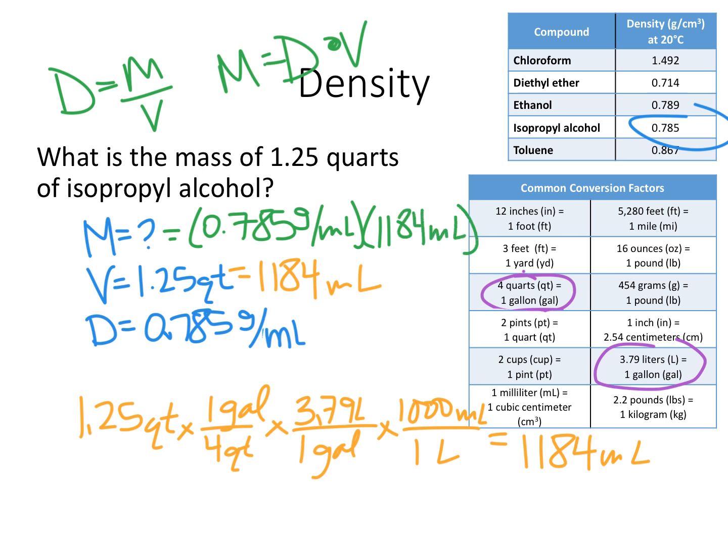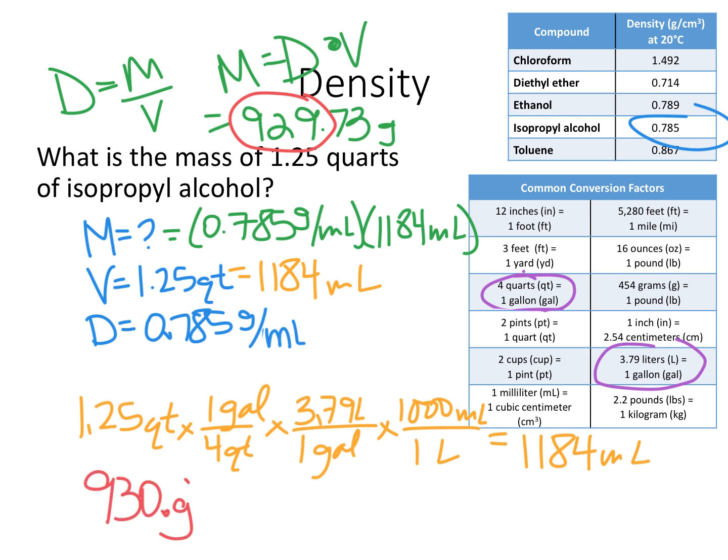Multiply those two numbers together, and I end up with 929.73 grams. Since I only want 3 significant figures, I'm going to round this, and the 7 rounds up. So I end up with 930. with a decimal point to give me 3 sig figs, grams.